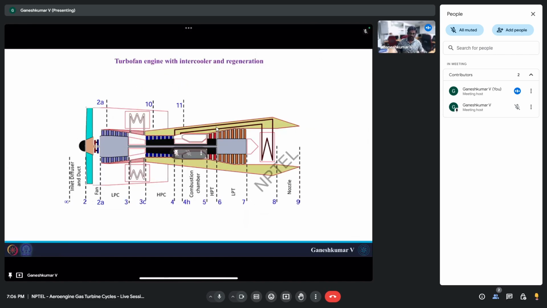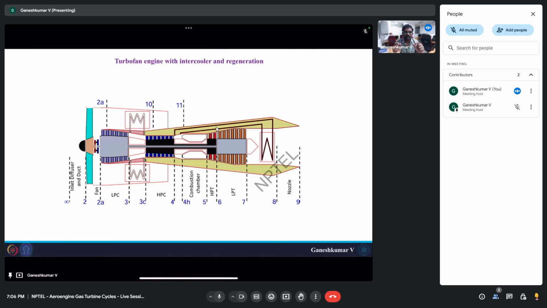All right. So we all know the turbofan engine with intercooler and regeneration. You all must have gone through the lectures. It's the same geared turbofan engine, but additionally we have an intercooling section between the low pressure compressor and high pressure compressor, and also regeneration or reheating of the gases between the high pressure compressor and the combustion chamber.